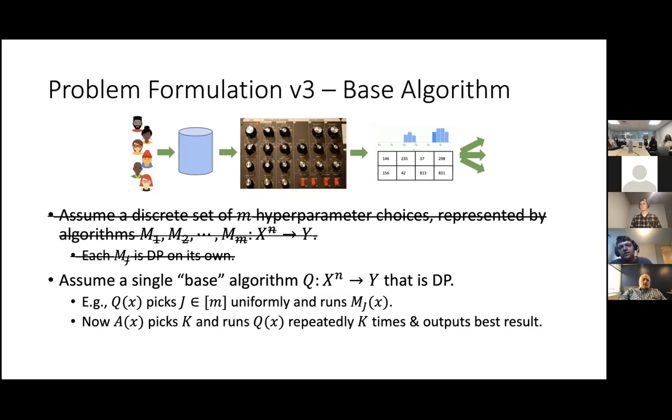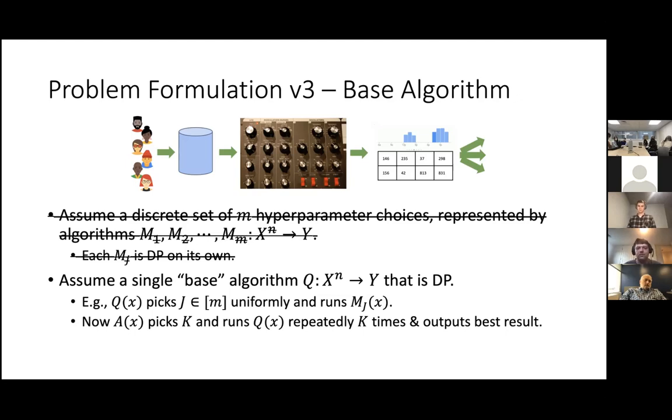Basically what this algorithm Q does is if you run Q once, it will pick some index j and run one of those mj's. So now the final algorithm A is just going to pick k from our distribution, run Q repeatedly k times, and output the best. It is just a little bit notationally cleaner to have a single algorithm Q rather than m1 through mn.